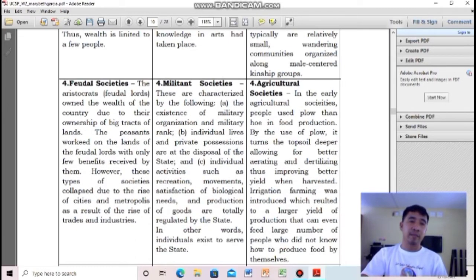Okay. Next will be the feudal societies. The aristocrats or feudal lords owned the wealth of the country due to their ownership of big tracts of land. So ang mga aristocrats ni amo ni sa ang mga kumbaga landlord sang mga kalupaan. The peasants worked on the lands of the feudal lords with only few benefits received by them.